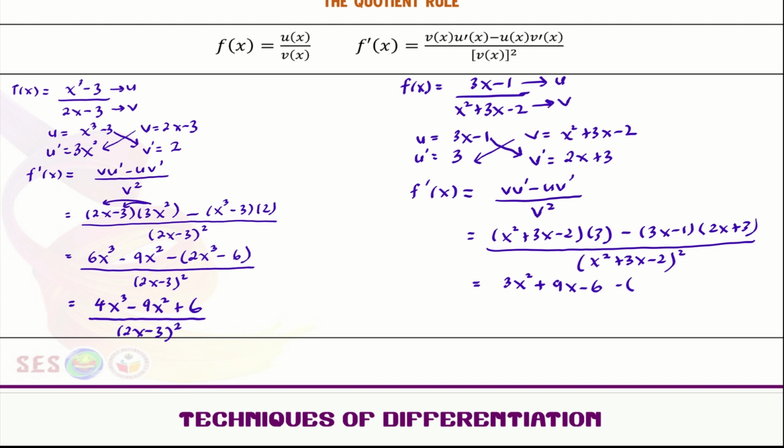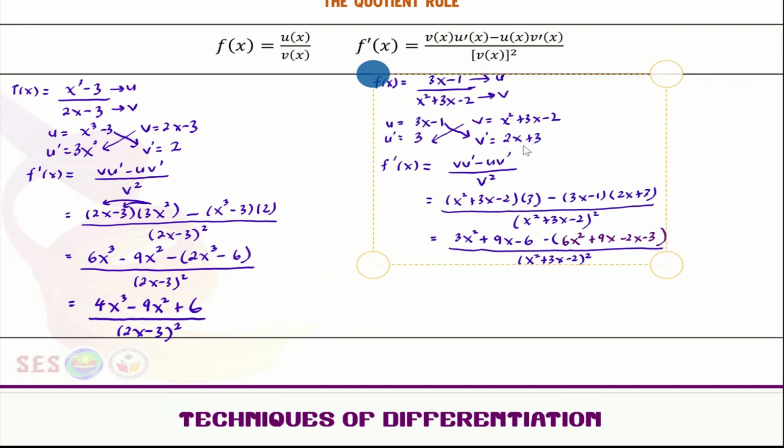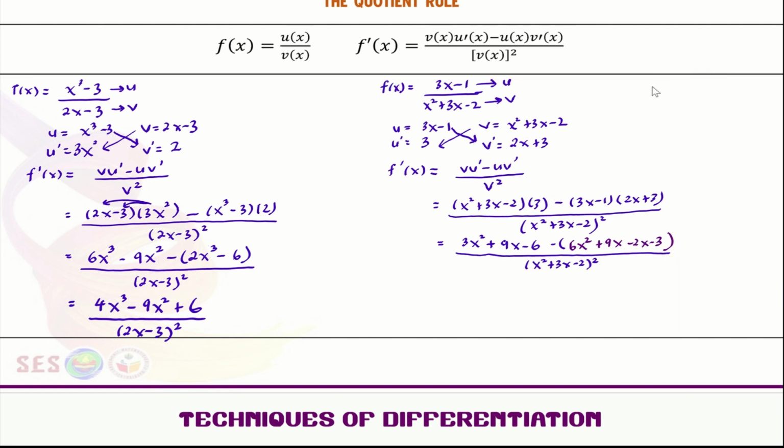Expanding the other part, we should get 6x squared plus 9x minus 2x minus 3, and everything is divided by the same denominator, which is (x squared plus 3x minus 2) squared. Now we will continue to simplify to the final answer.